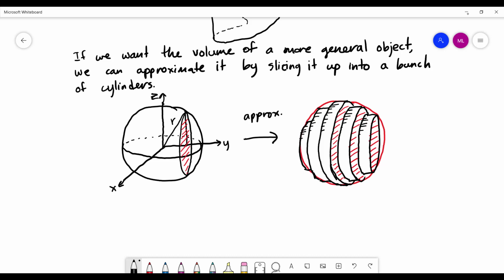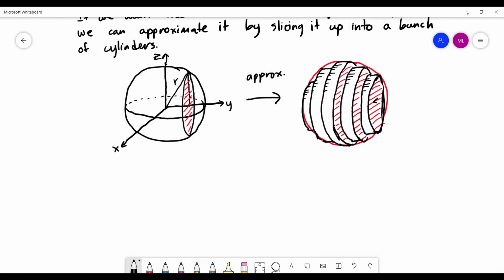And if this picture doesn't make sense, because I'm not very good at drawing with this tablet, take a look in your ebook. They have a much better picture of something along these lines. But basically, all I'm going to do, let me erase this a little bit, just because I made it so much worse, is try to find the areas of each of these faces.